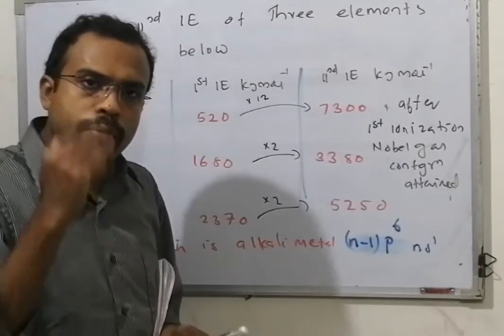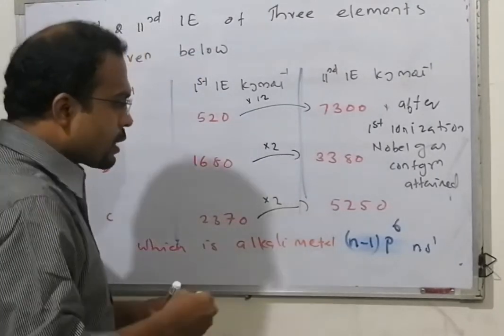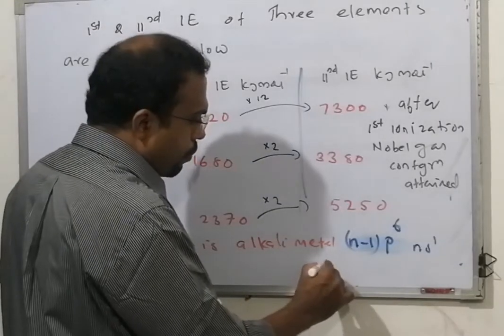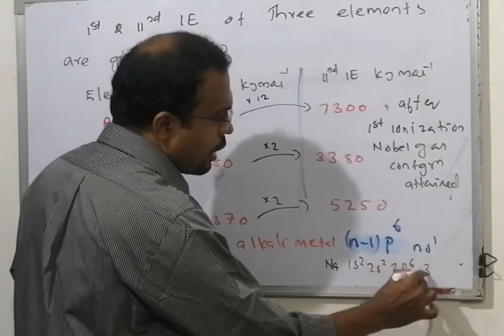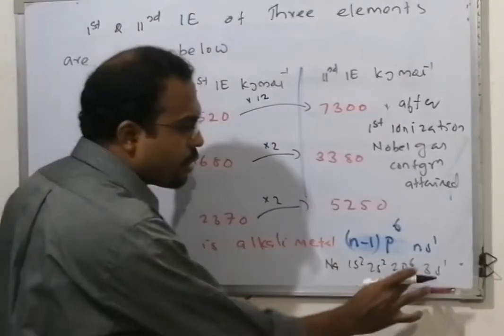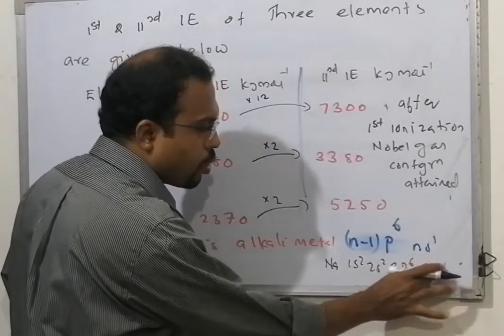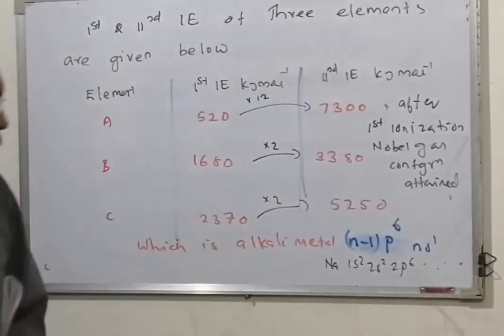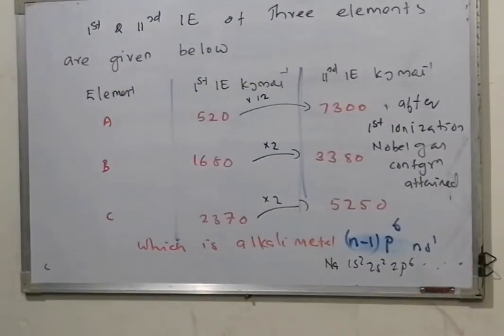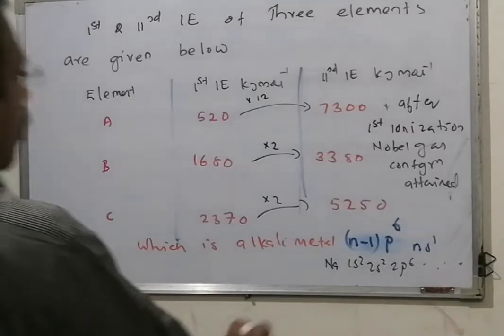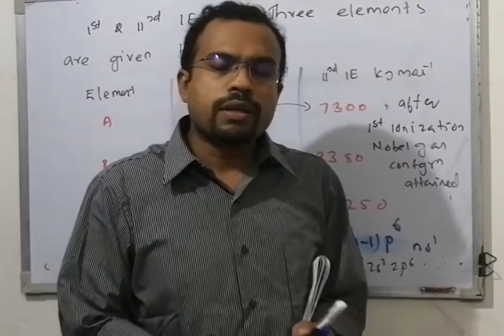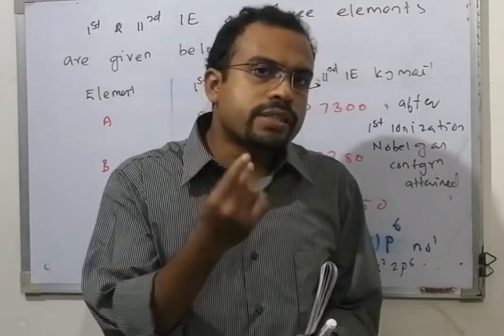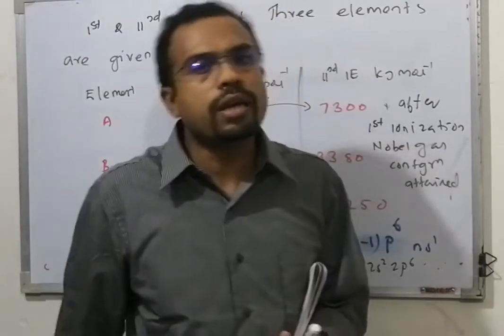For example, sodium 1s2, 2s2, 2p6, 3s1. After the first ionization, that is when this electron is lost, it will get the noble gas configuration. That is the importance of alkali metals.